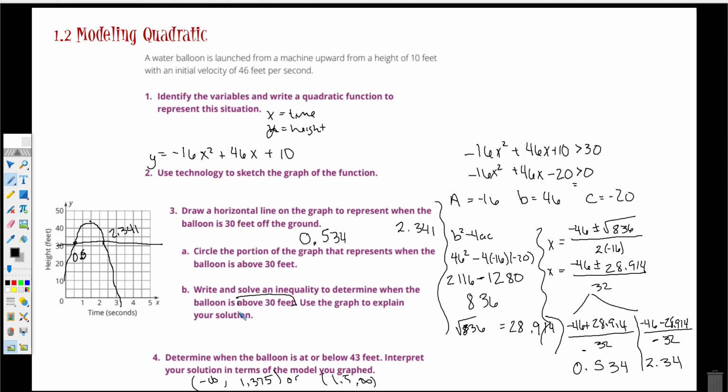And we're at or is above 30 feet is going to be sandwiched between these two. So 0.534, comma 2.34. And since we are above, we're not including it, so we're having parentheses.